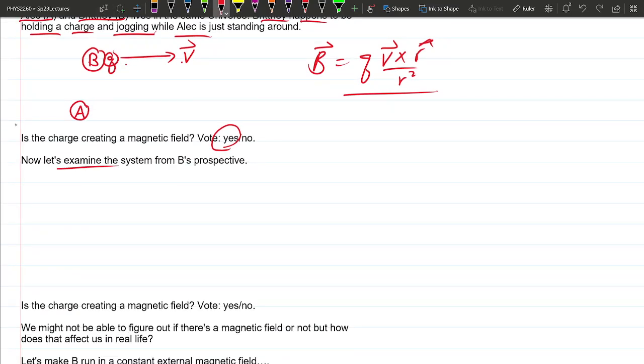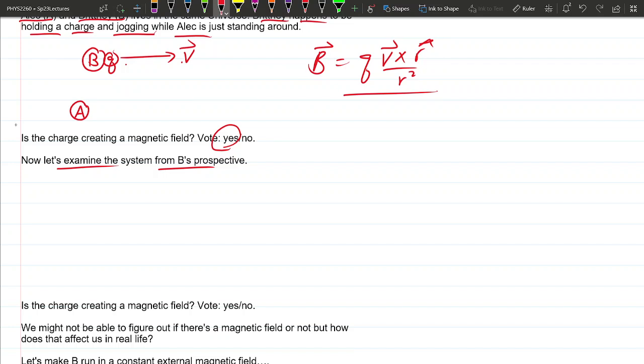Let's examine the system from Brittany's perspective. Instead of Alec looking at Brittany running along at some velocity v, what if we put our little GoPro on Brittany's head and think about what things look like from her perspective? From her perspective, she is not moving, because she's always in her place.